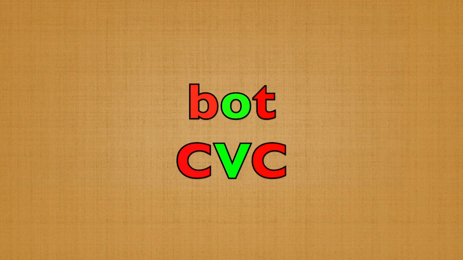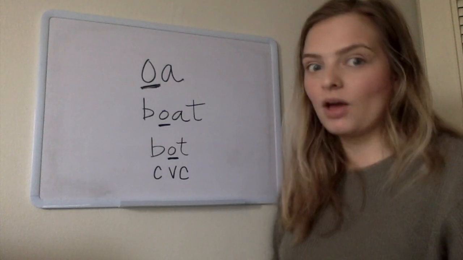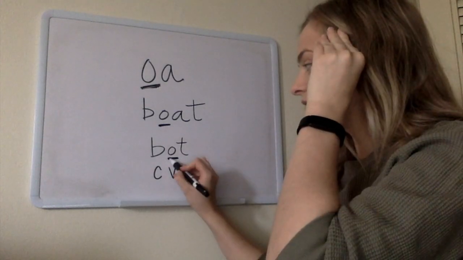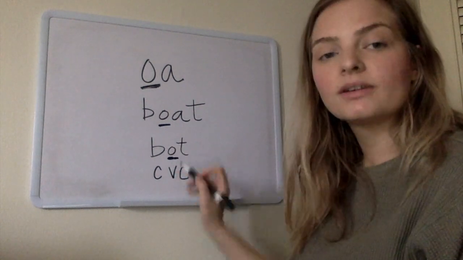That one was really tricky because you really had to think about those spelling patterns so that you could figure out what kind of sound this O is going to make. Now, I'm going to show you another word on the board, and I want you to think about how you would say that word, thinking about what you know about CVC, CVCe, and CVVC spelling patterns. So here's your word.